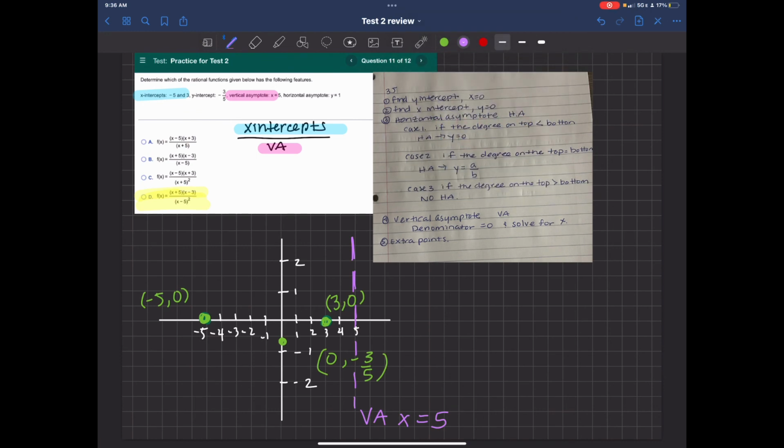So that means right here, going across, I have another area that my graph doesn't exist at, right? This is how we use the steps and the information that's given to us to graph a rational function.